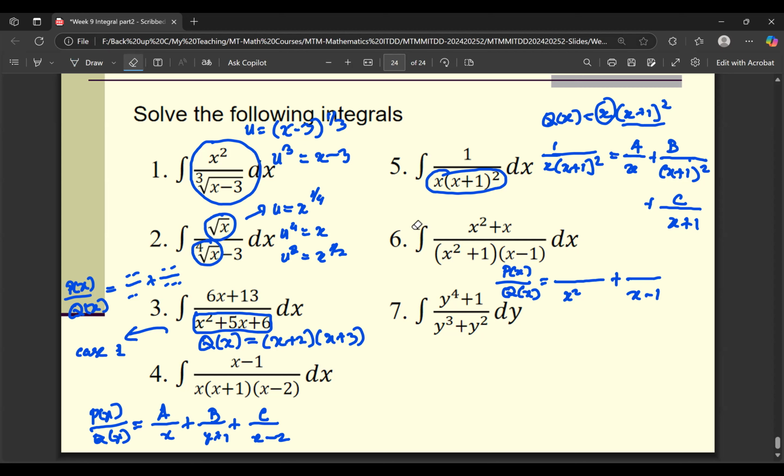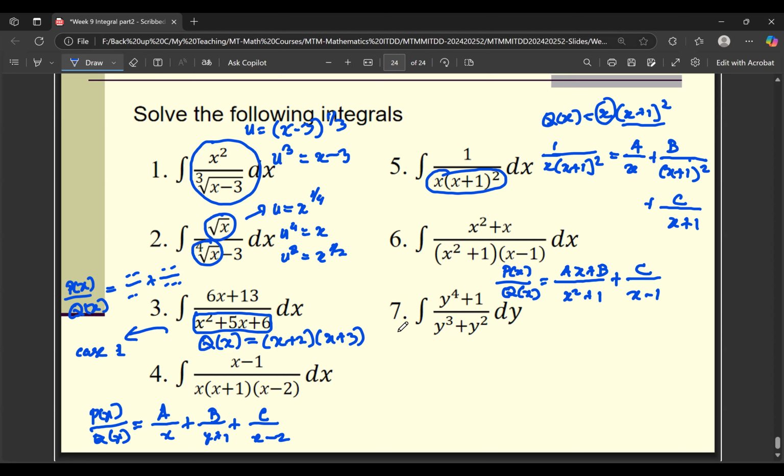So the numerator must be linear here, ax plus b, and for the linear factor the numerator must be constant c. And again, please find the value of a, b, and c.